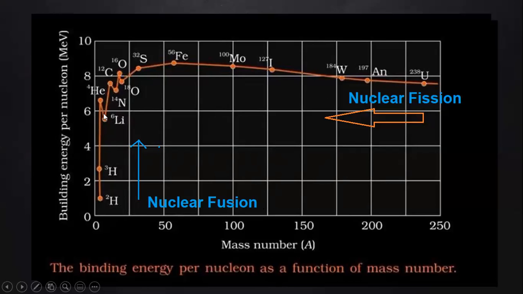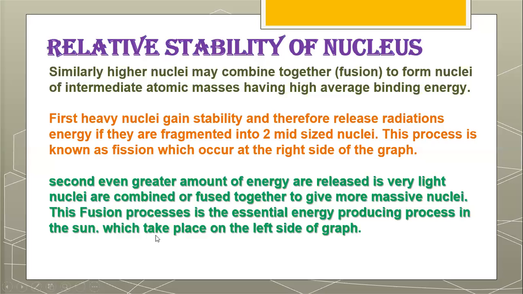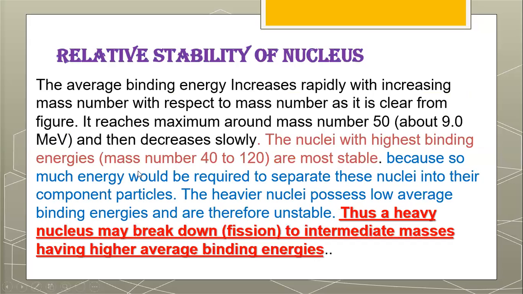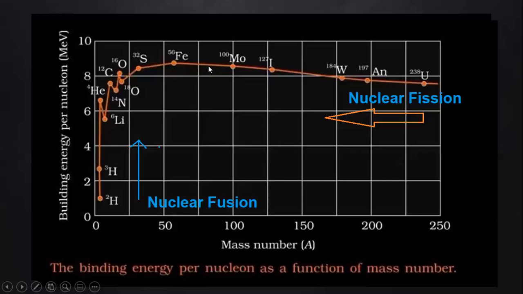binding energy per nucleon. We can say that the binding energy per nucleon increases rapidly with increasing mass number, as is clear from the figure, and the binding energy per nucleon value is maximum around mass number 50, that is 9 mega electron volt, then it decreases slowly.